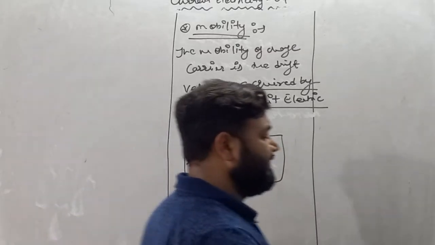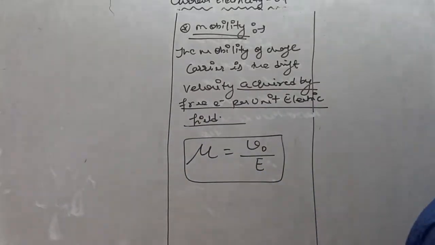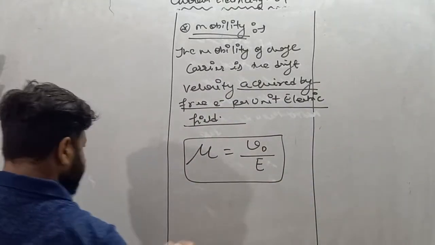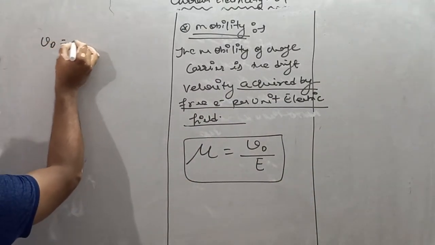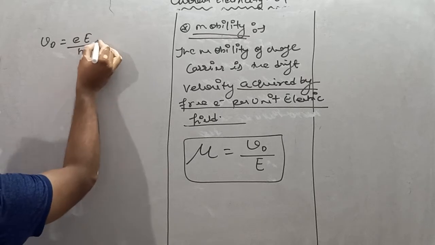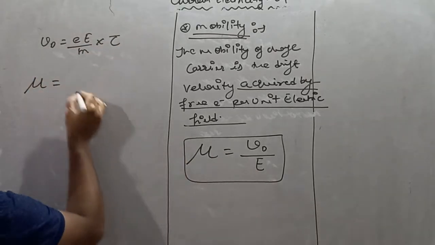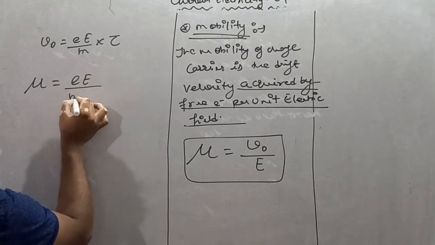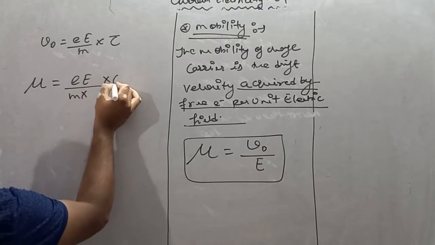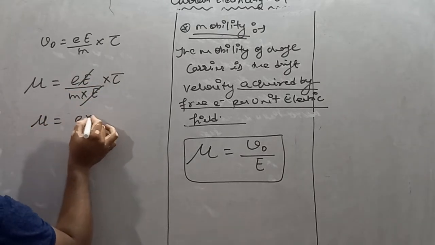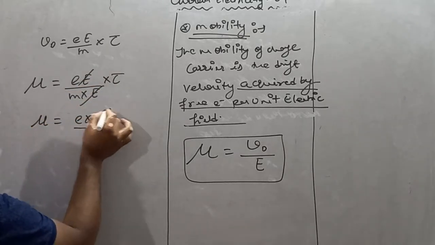Drift velocity per unit electric field, and we know that the value of drift velocity is Vd = (E/m)τ. So put the value in mobility: μ = (E/m)τ divided by E. E gets cancelled, so μ = eτ/m.